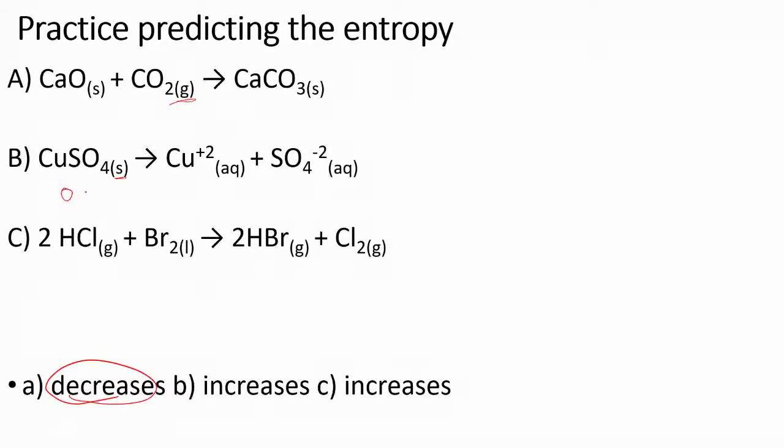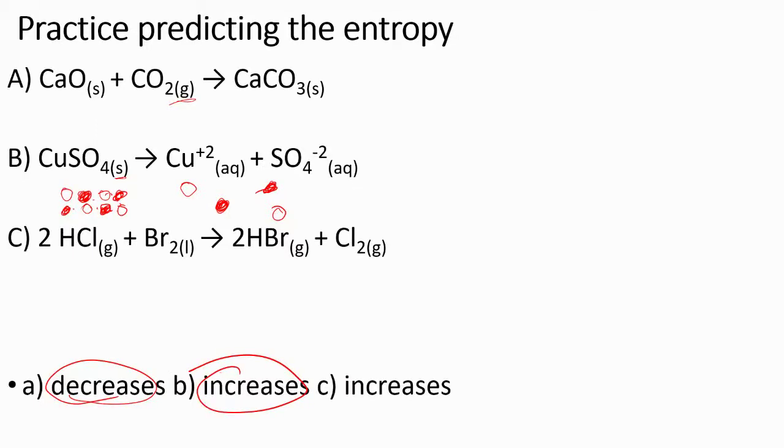Okay, so maybe this is my copper and maybe this is my sulfate. And this isn't really drawn to scale, all right? But we see here that our copper and our sulfate are in these tight crystal lattice structures. Okay, and we now have our individual ions floating around independently of each other, and so therefore our entropy has increased.